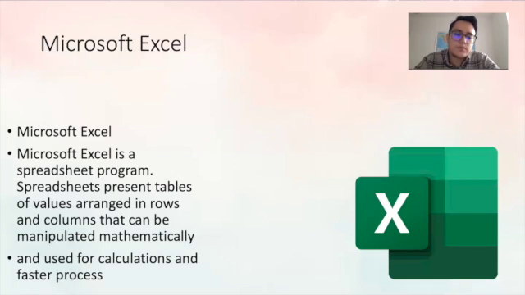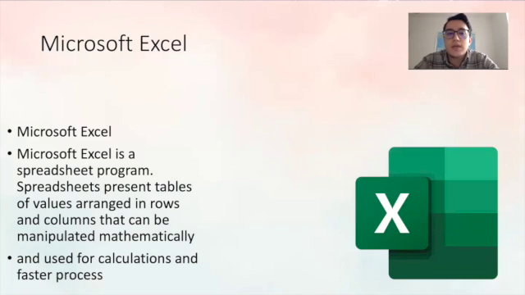A spreadsheet presents tables of values arranged in rows and columns, as I said, that can be manipulated mathematically. So that can be edited, and the size of the columns and the rows can be changed into different sizes, different heights, and it can also be used for calculations and faster processes.